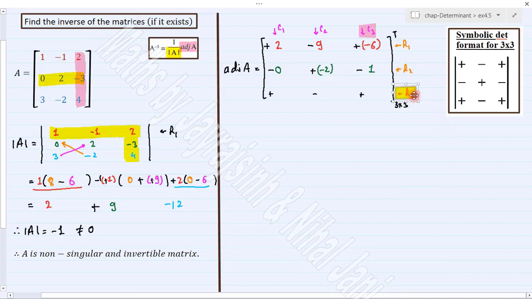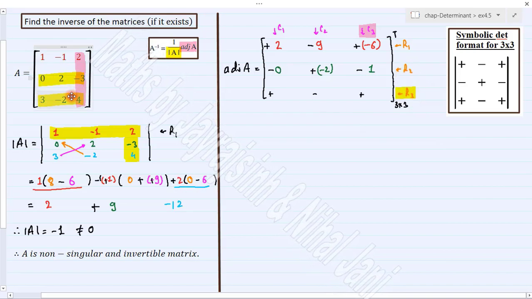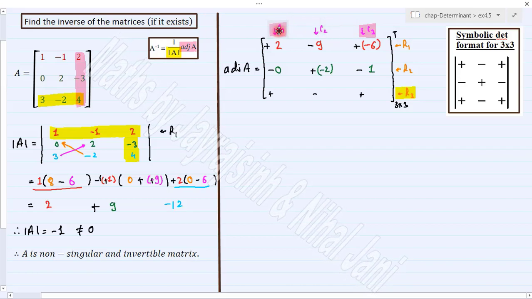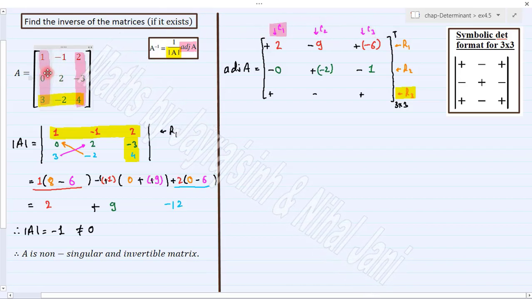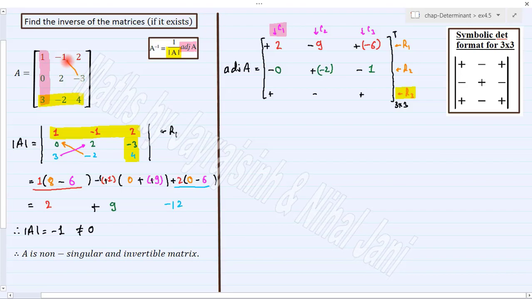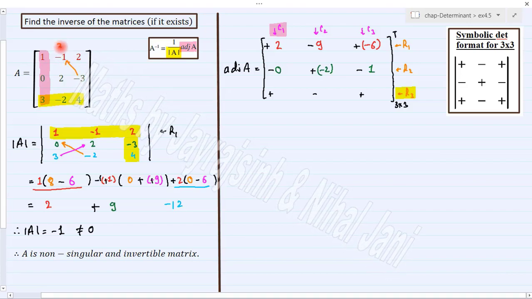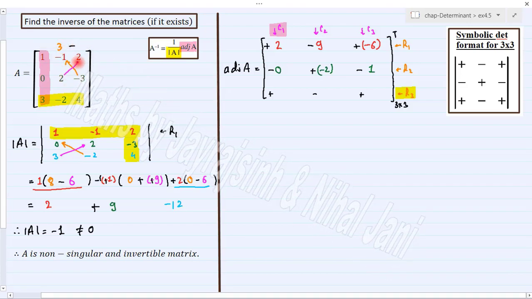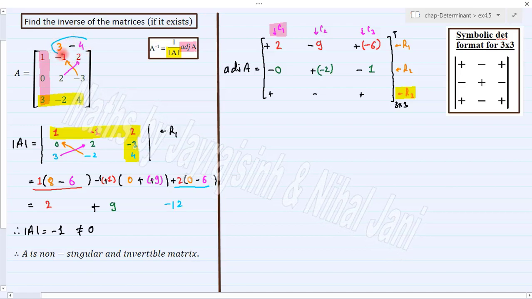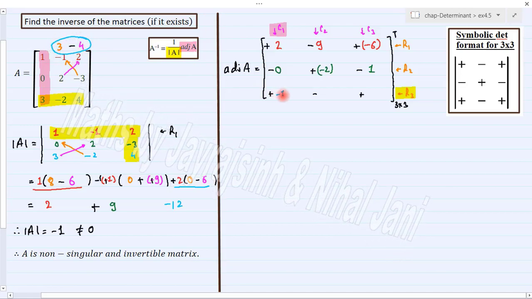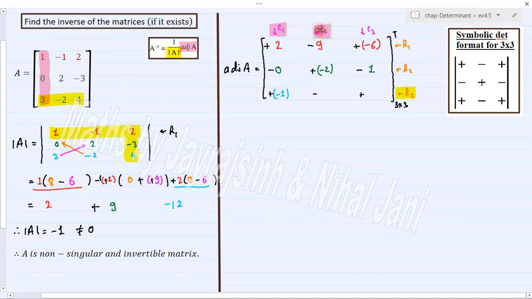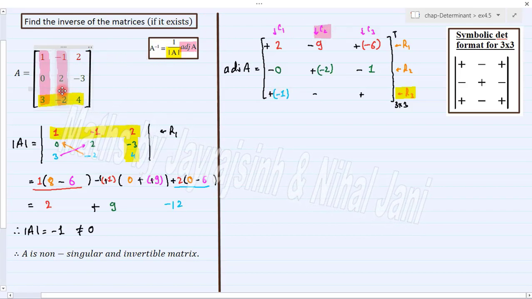Now let's try to get element of third row. The first element is in first column. So cross multiply. Minus 3 minus 1s are 3 minus 2 2s are 4. So 3 minus 4 will give us minus 1. Then second element is in second column.